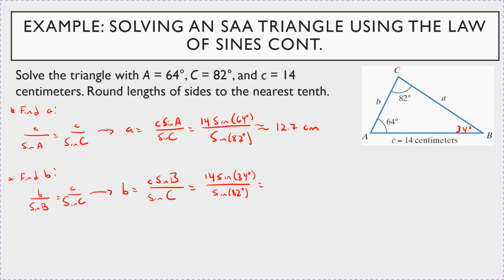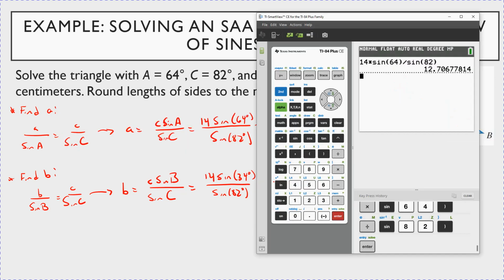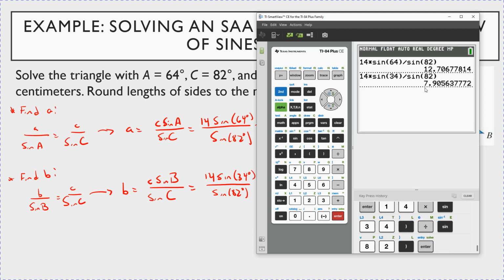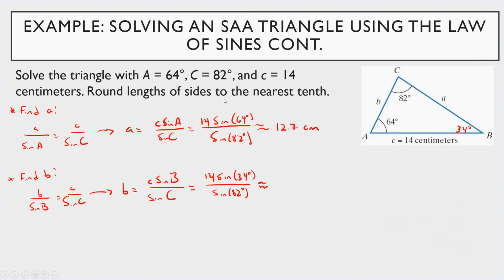All right, let's grab our trusty calculator here. So this one is going to be 14 times sine of 34 divided by sine of 82. And look here, this is roughly 7.9 centimeters.